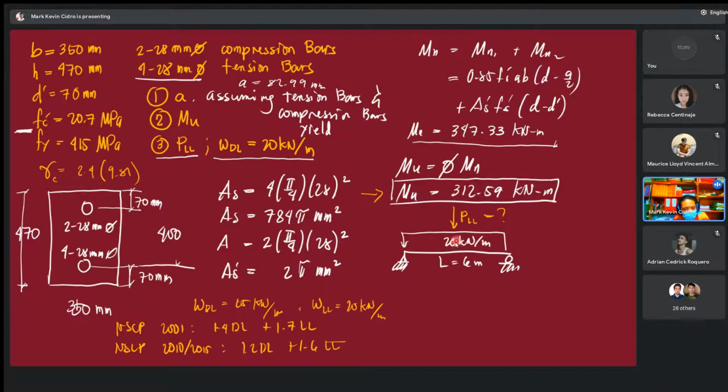But here the problem already includes the weight, so there is no need to compute it.